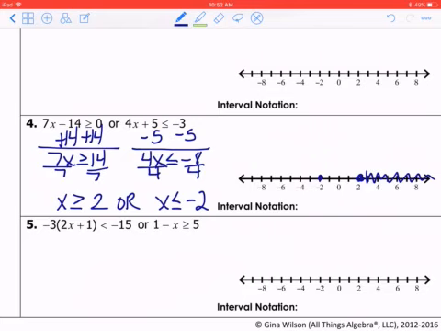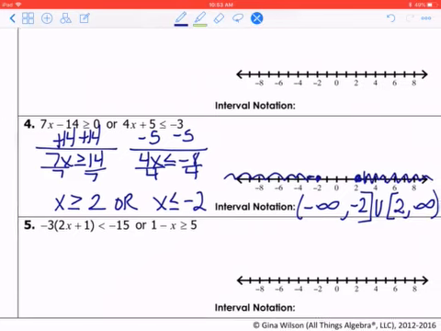It's closed, shaded to the left. For interval notation, we're going to start with our negatives and then do our positives. So first, I'm going to start at negative infinity. It stops at negative 2. It's unified. It picks up at 2, closed circle, and then goes on forever.